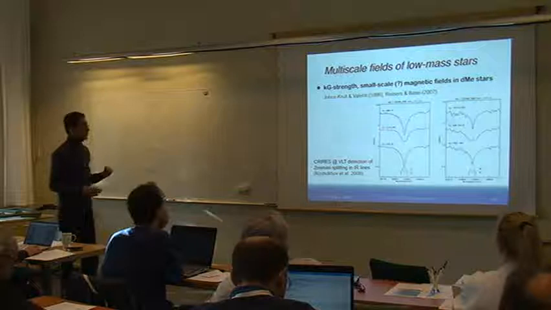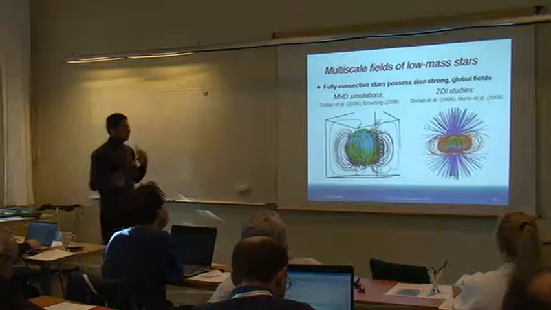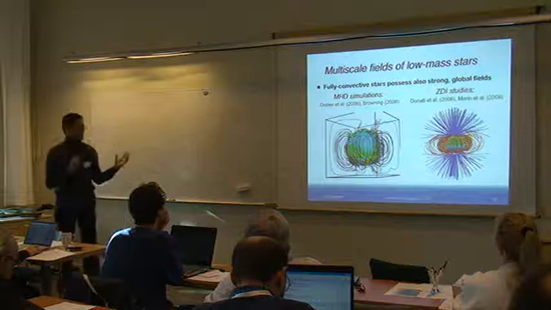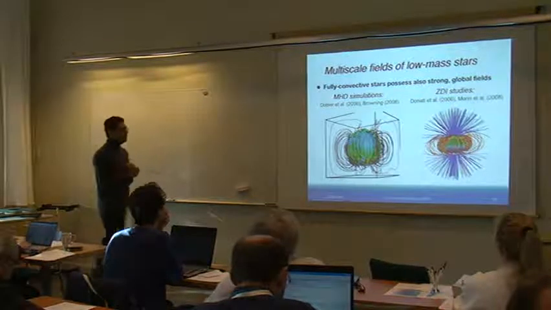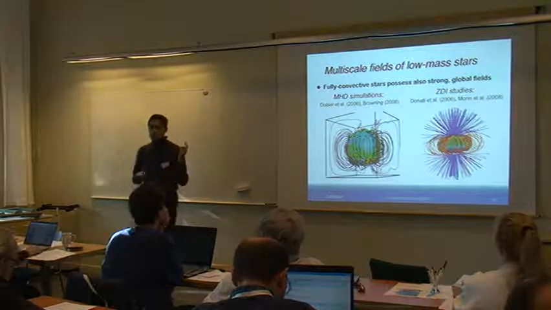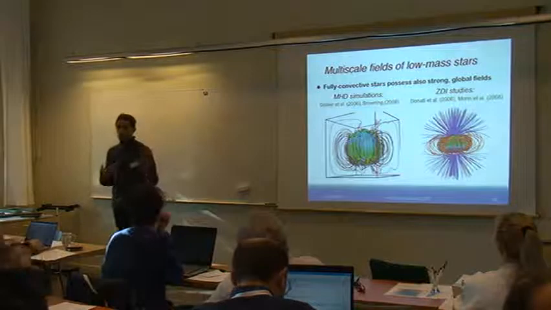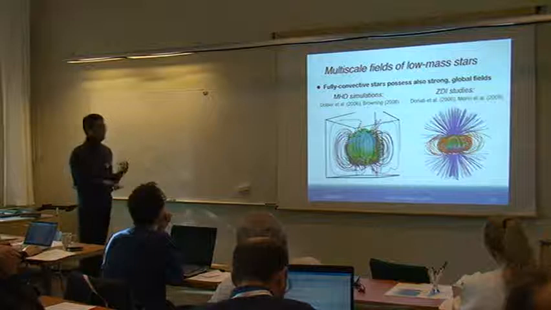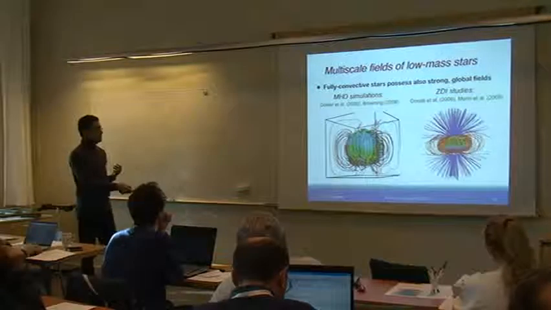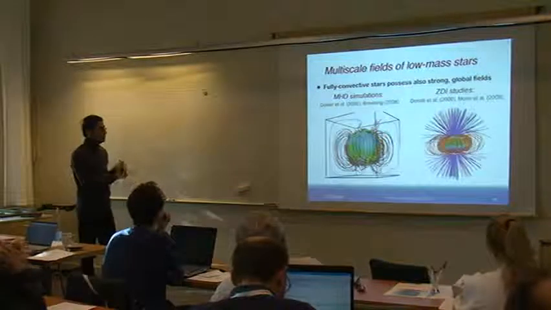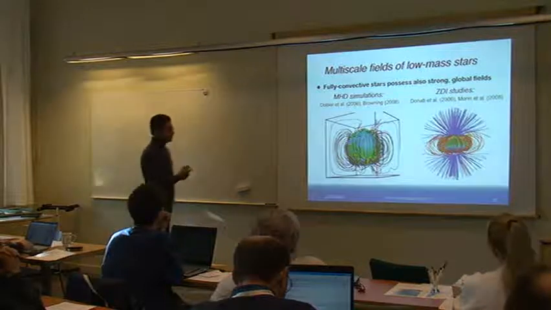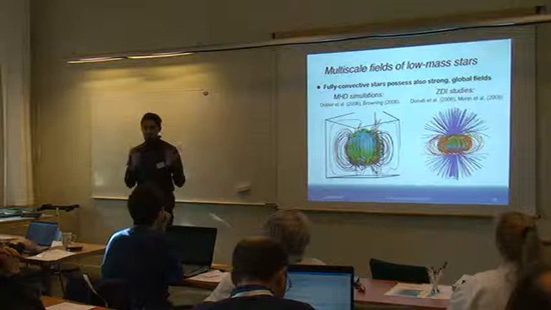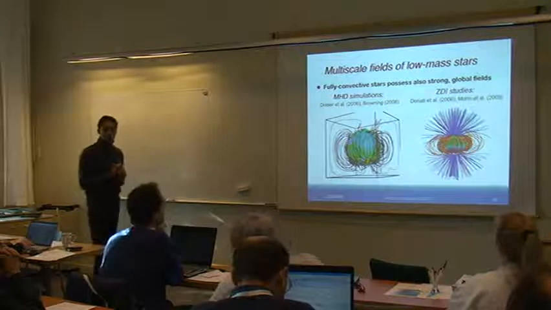We knew about these kilogauss fields, but what was also discovered essentially simultaneously in the simulations and in the observations is that M-dwarfs also possess a quite strong global field of mostly poloidal structure. This is the result of a ZDI study, and this is the result of a dynamo simulation. And this poloidal field is stable on the time scale of many months.